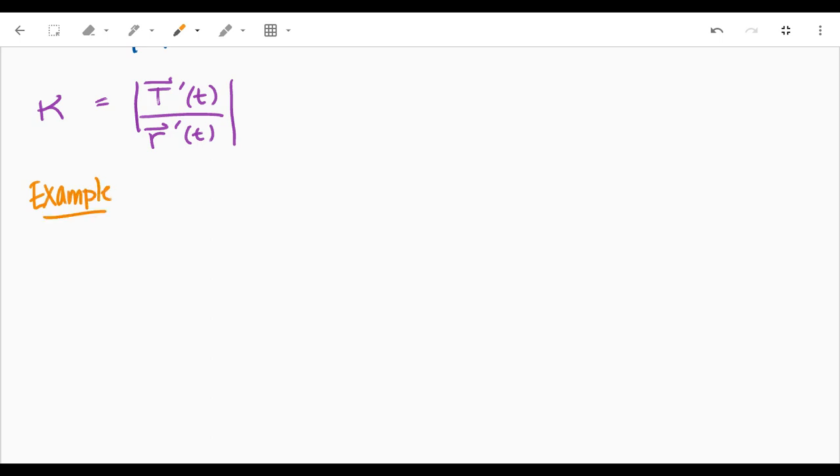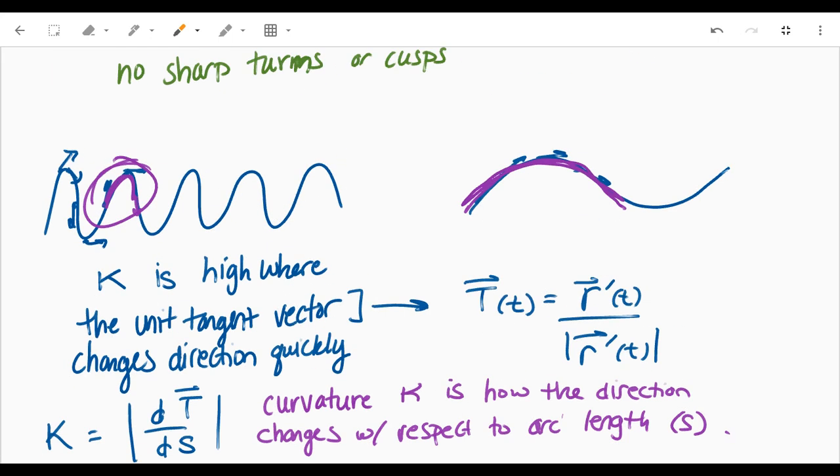Oh, and I'm going to back up too. The whole concept of curvature, the way that I think about it is, if you've ever ridden the scrambler, the fair ride, and you're the person who's getting squished when you go around the big turns, the point on the ride when you would be getting squished the most is where the curvature is the highest.